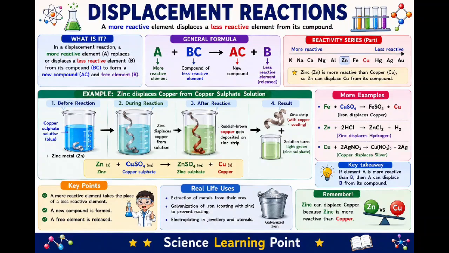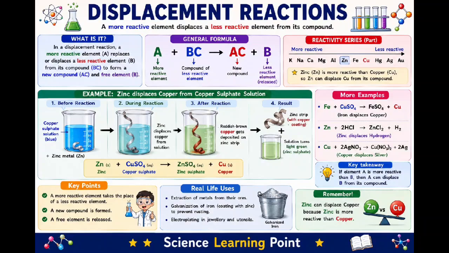So the reaction is Zn plus CuSO4 to ZnSO4 plus Cu. This is a displacement reaction. Another example is Fe plus CuSO4 to FeSO4 plus Cu. Here iron also displaces copper because iron is more reactive than copper. Okay, so always remember the reactivity series.